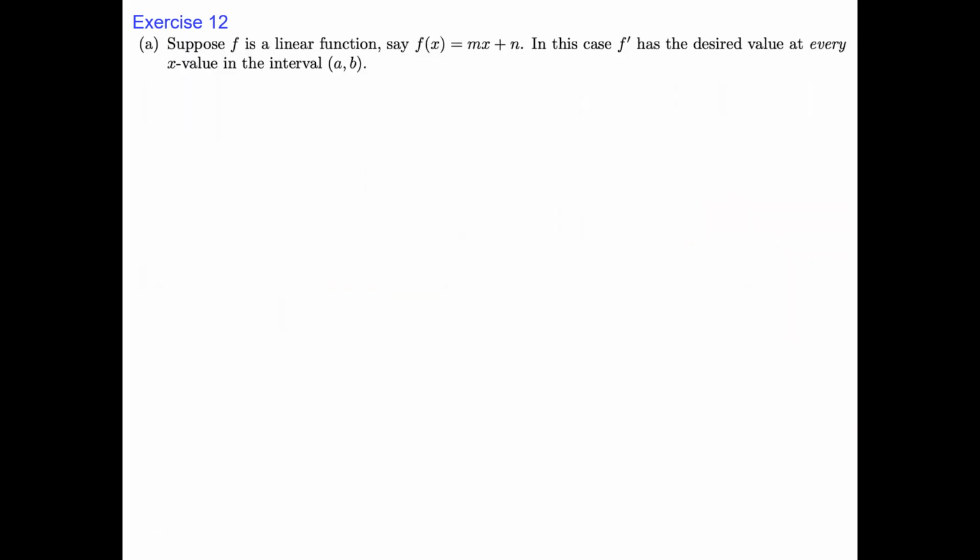Suppose f is a linear function, mx plus n. In this case, f prime has the desired value at every x value in the interval. Of course, because let's start: f prime at c equals f of b minus f of a over b minus a.